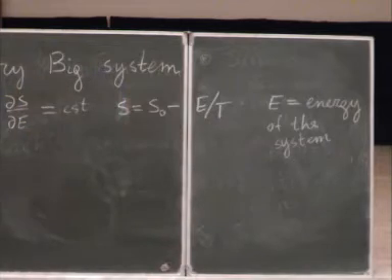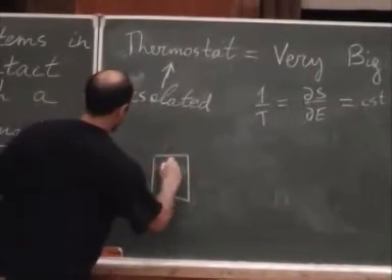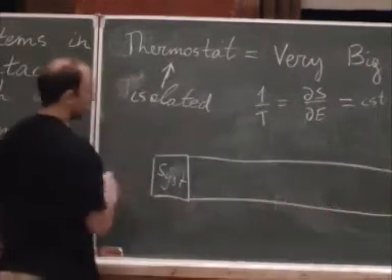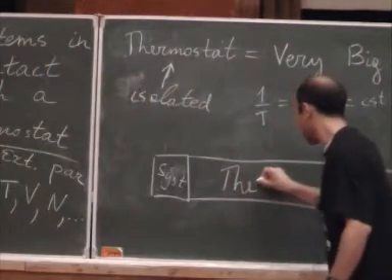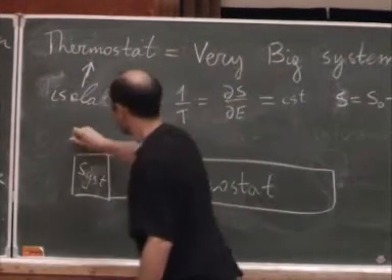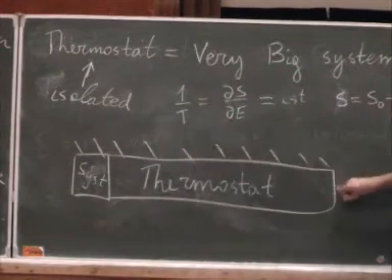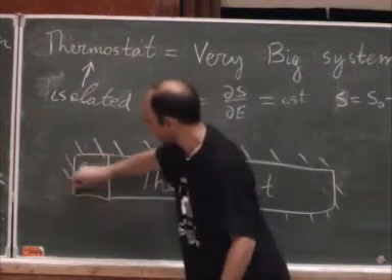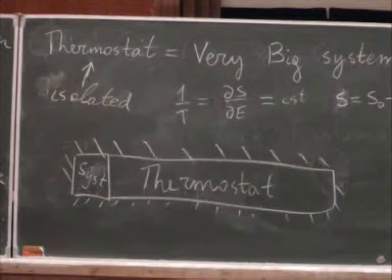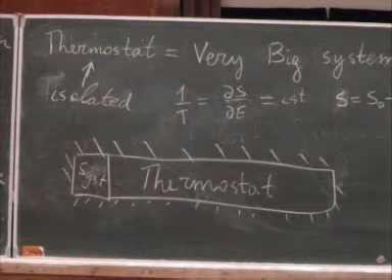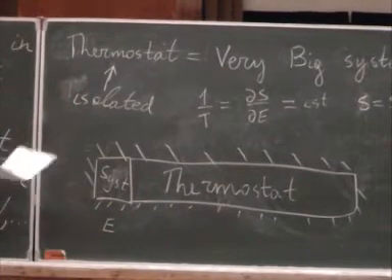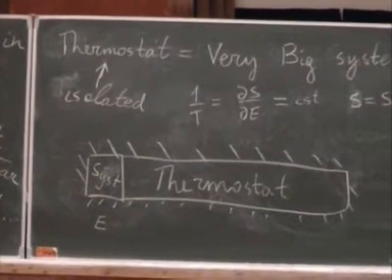So we have our system, well, that's not denoted by S. Here we have the thermostat, and all this is isolated from the exterior. So the total energy is fixed. The system has some small part of it, E, and the remaining part of energy is in the thermostat.